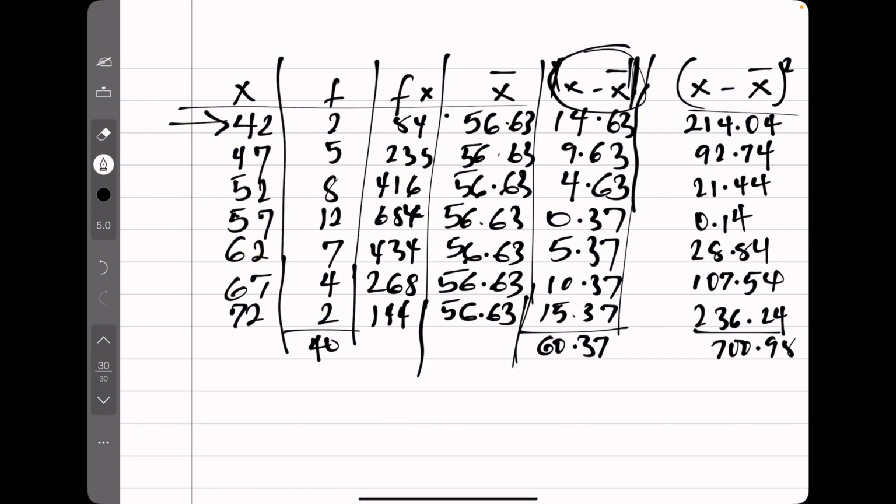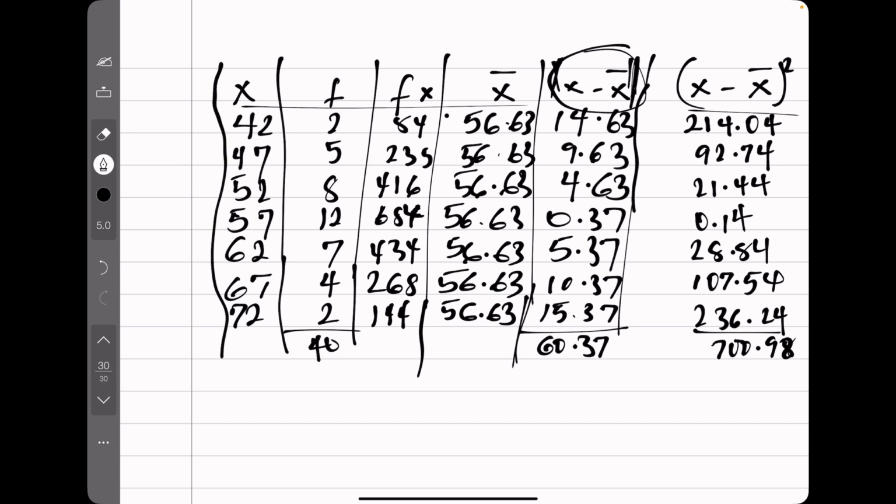Or you can double check: 214.04 plus 92.74 plus 21.44 plus 0.14 plus 28.84 plus 107.54 plus 236.24. That is 700.98. So we still have one more thing that we skipped, which we are still going to be adding to the table. Don't worry, be not troubled.